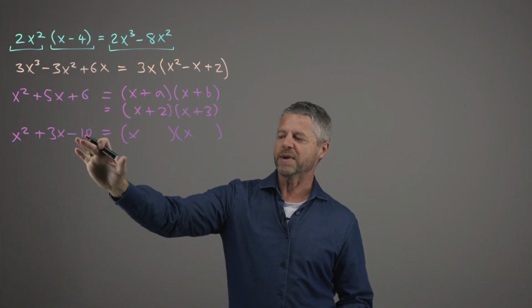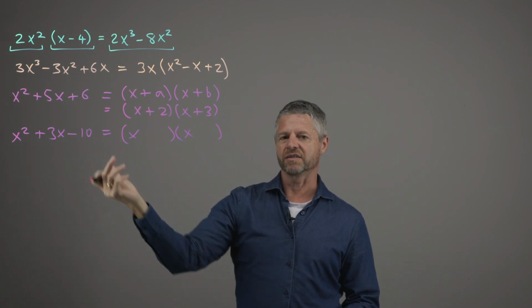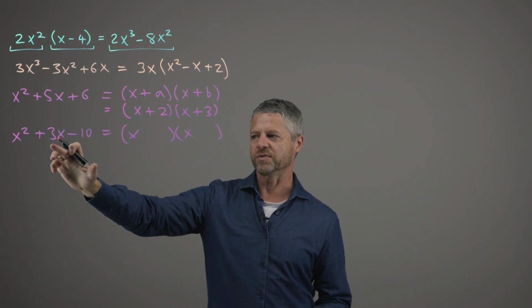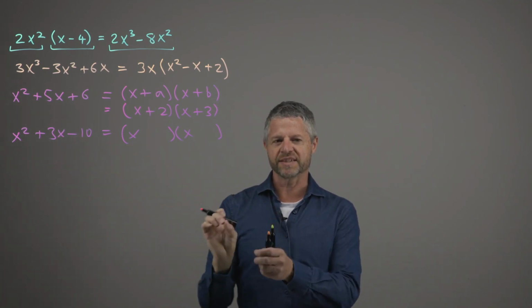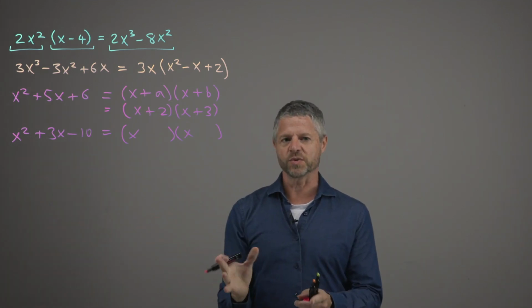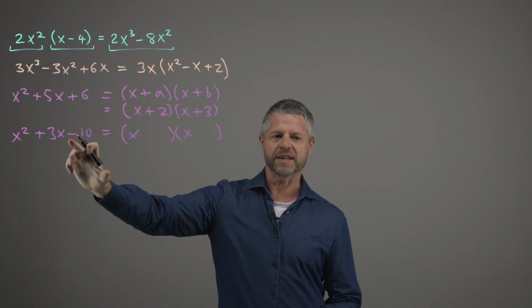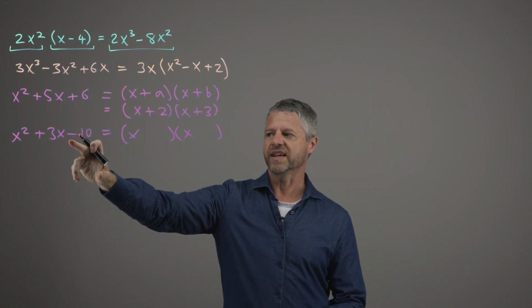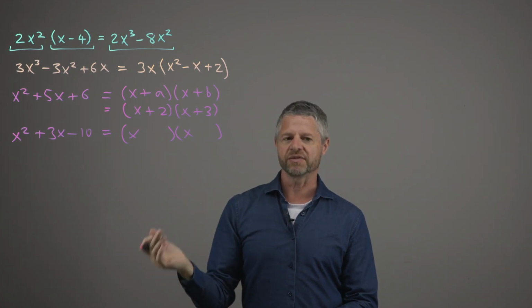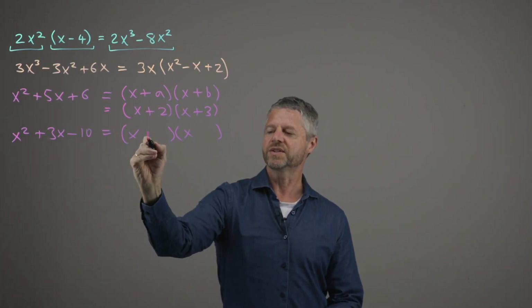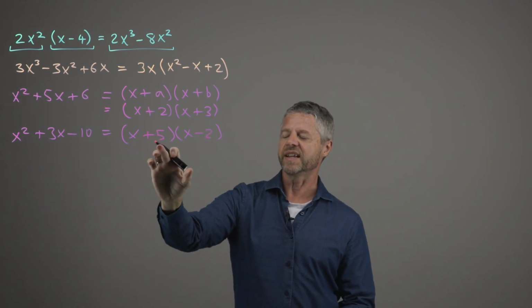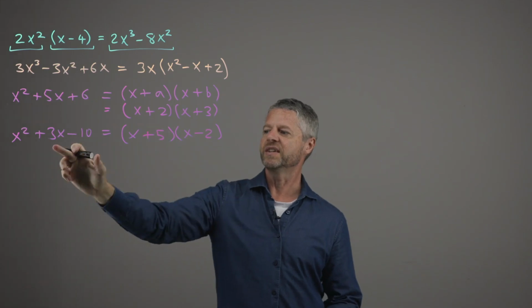If I think about the factors of 10, I've got 1 and 10, I've got 2 and 5, but I've also got to get them to add together to get 3. So I think 2 and 5 ought to work, because one of them is going to have to be negative. If I'm going to end up with plus 3 here, I'm going to need plus 5 and minus 2, because 5 times minus 2 is minus 10, and then 5 minus 2 is 3.